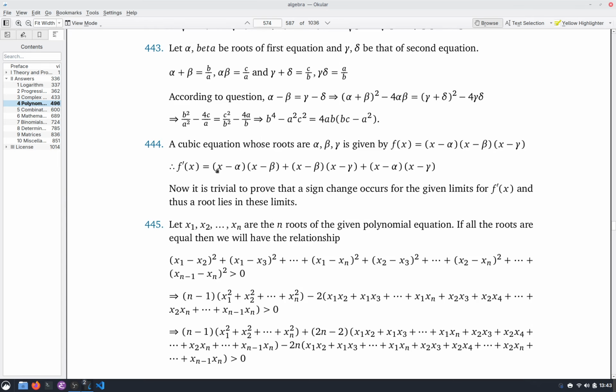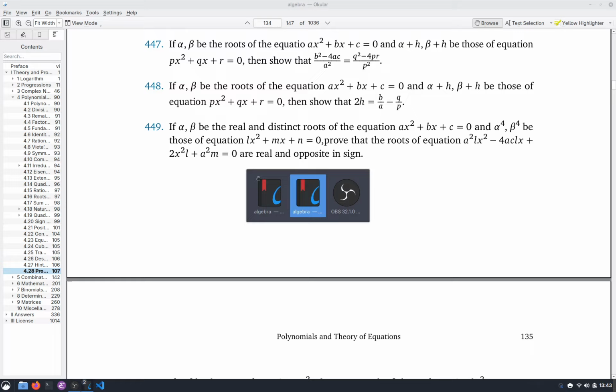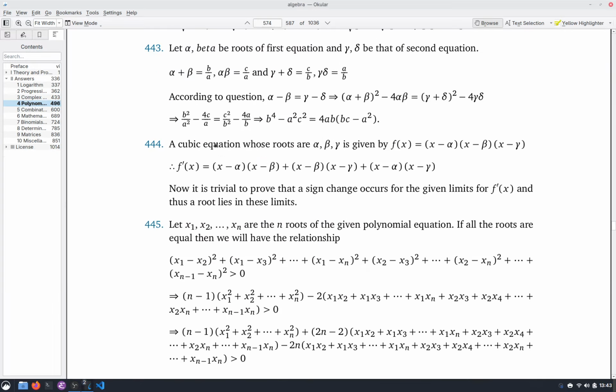And I believe that I could have solved question 444 for you, but take it as an exercise. And if you cannot figure out 444, excuse me, let me know in comments and I will add the full solution in the book. Or maybe in the next video, I'll show you how to solve this.